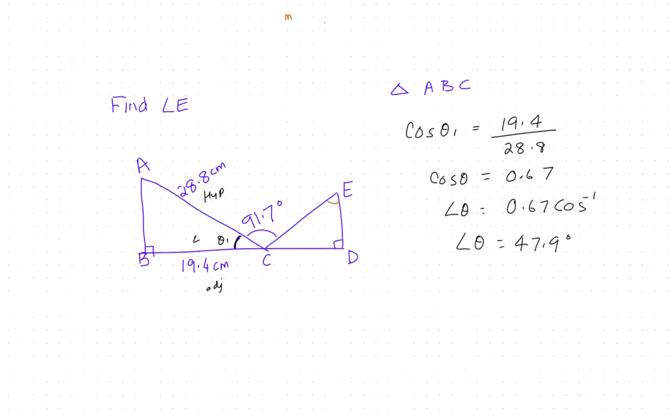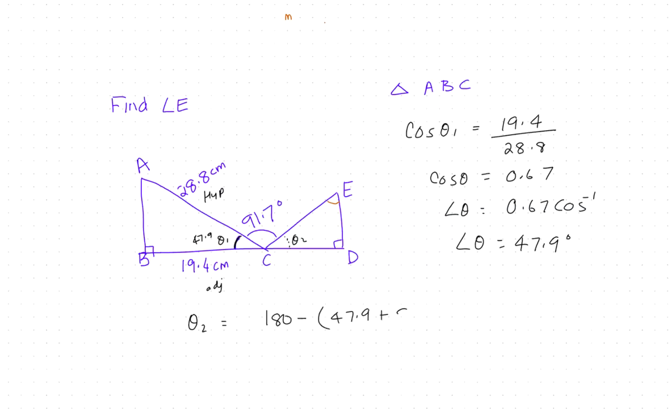You know the straight line is 180. So this angle we know is given as 91.7 and this we found 47.9. So this angle, suppose theta 2, will be 180 minus the sum.